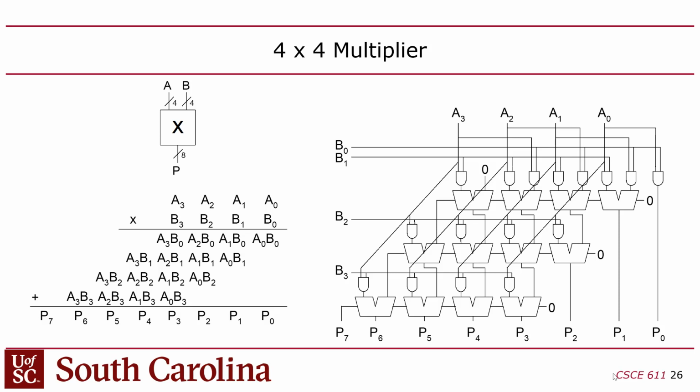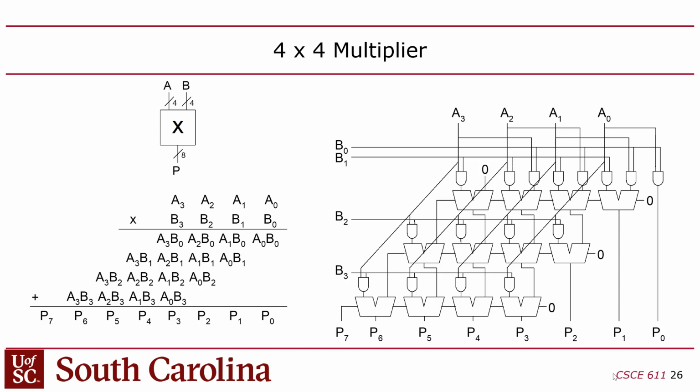Does that make sense? So B0 is feeding into this AND gate, which is giving you product bit 0. And then B0 is also being fed into this AND gate, in which case it's being ANDed with A0, and this AND, and then B bit 1 is being fed into this AND gate, which is being ANDed with A bit 1 and A bit 0. Sorry, it's kind of confusing.